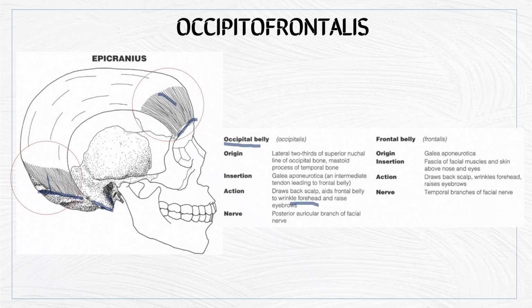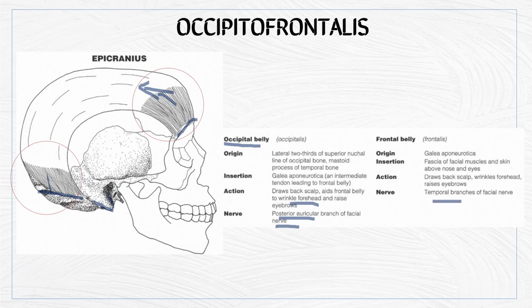The action of the frontal belly is that it draws back the scalp, causes wrinkles in the forehead, and raises the eyebrows. Both are supplied by the facial nerve, but the occipital belly through the posterior auricular branch and the frontal belly through the temporal branch of the facial nerve.